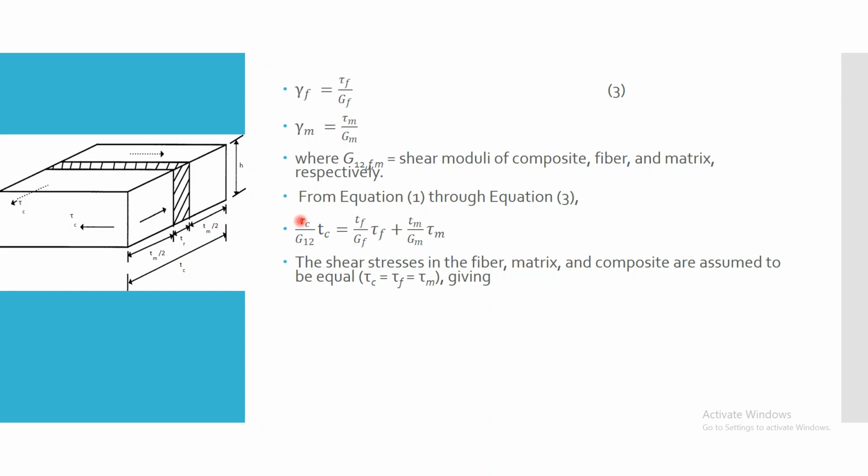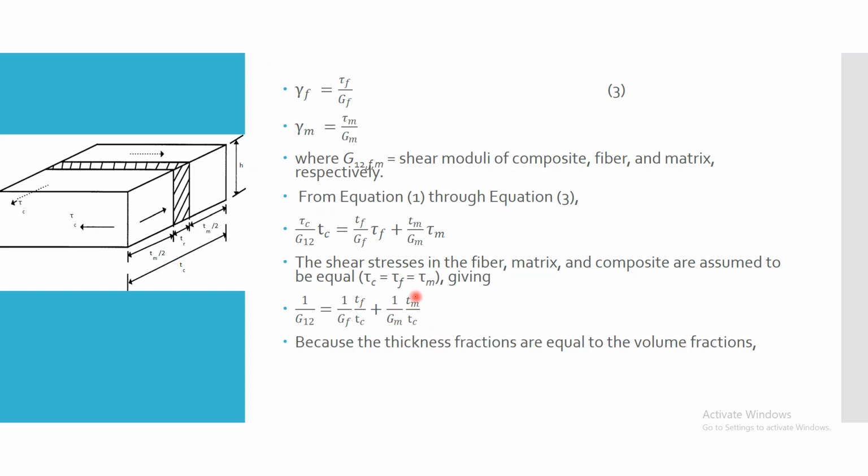Once these shear stresses are equal, I can cancel them, and if I take TC into the denominator on the RHS, it becomes TF divided by TC and TM divided by TC. These relations are nothing but the volume fractions of the fiber and matrix respectively.